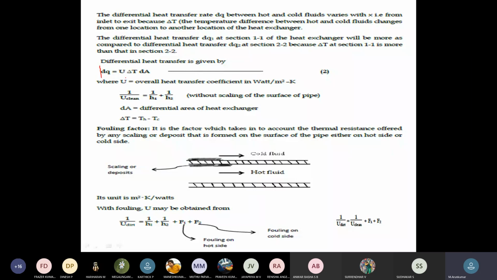Where U is the overall heat transfer coefficient in watts per meter squared Kelvin. Then we can write this U by inverse. So 1 by U clean will be equal to 1 by h1 plus 1 by h2, without scaling of the surface of the pipe. So you know what is scaling?